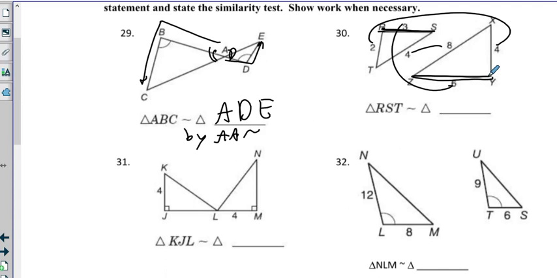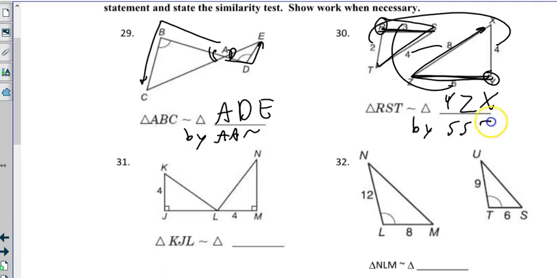So therefore, RST is going to be similar to YZX. Because notice, I'm starting at the R, going out the base, and coming up to the top. So, starting at the Y, going out to the Z, and coming back that way. And I'm just going to add by SSS similarity.